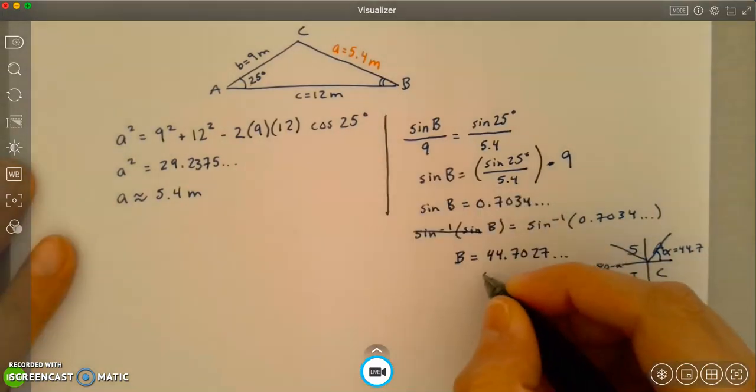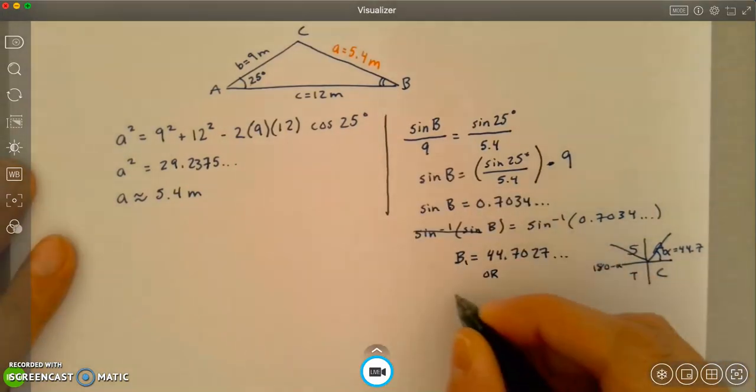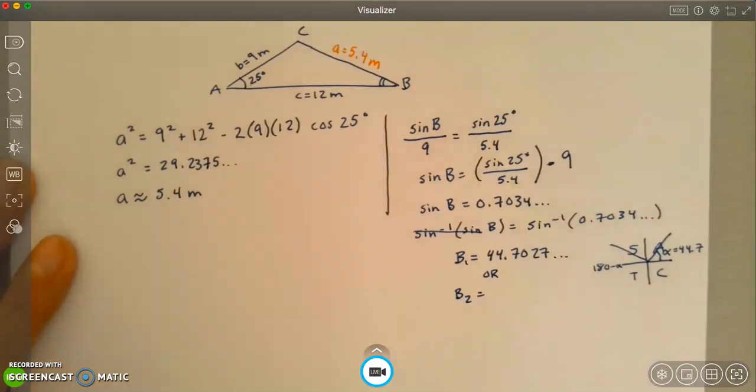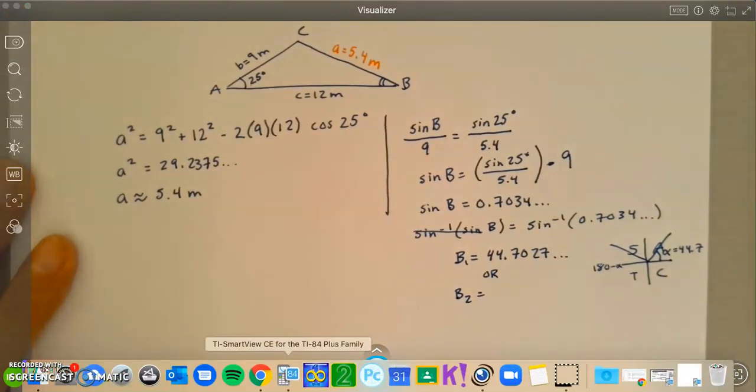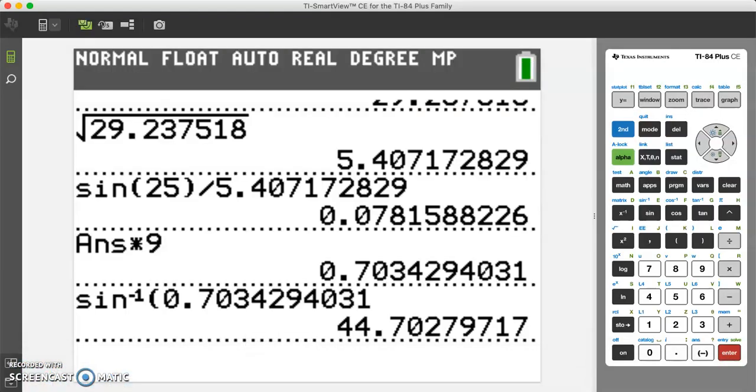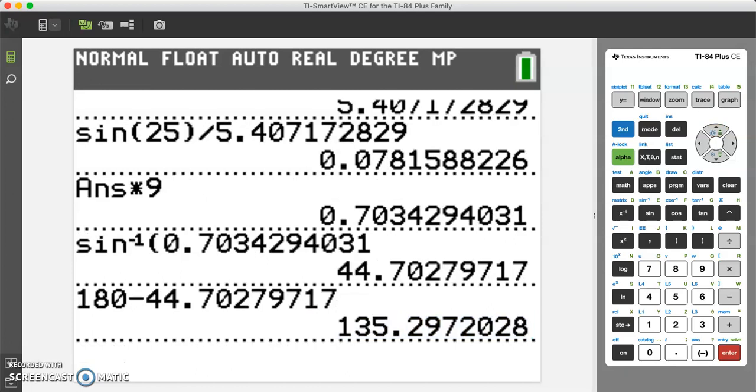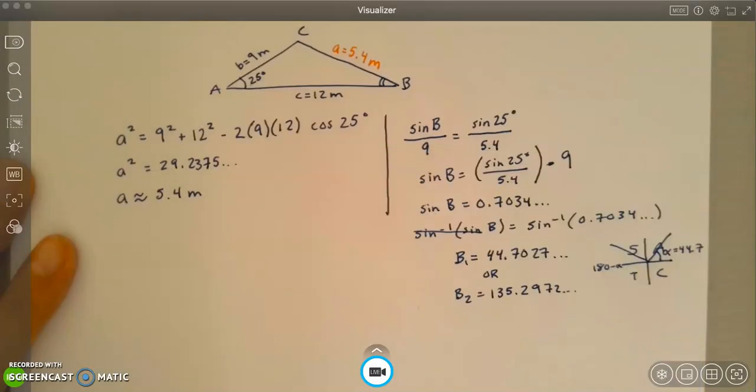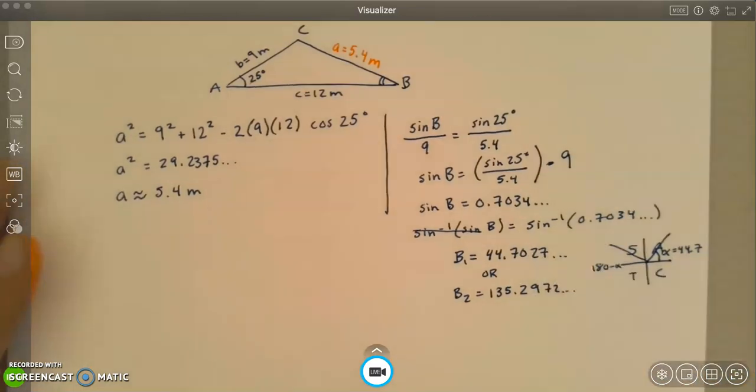So there are two possible choices for B. So let's do 180 degrees minus this angle to see what the second quadrant angle would be. So here's the scenario. We have two possibilities for angle B.